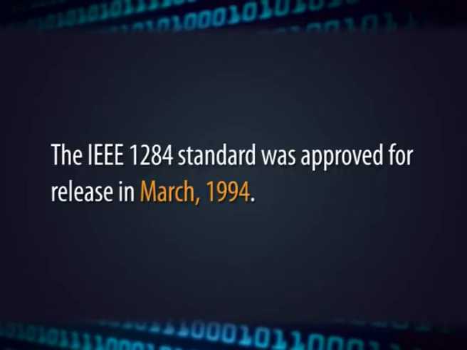The IEEE 1284 standard was approved for release in March 1994. It specifies 5 modes of operation, each mode providing data transfer in either the forward direction, that is computer to peripheral, or backward direction, that is peripheral to computer, or bidirectional, that is one direction at a time, but in both directions.